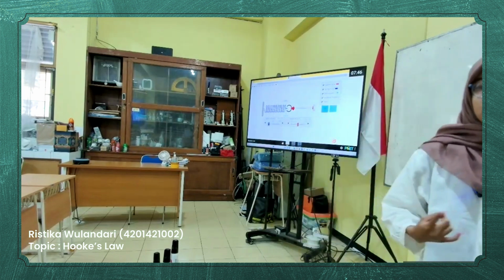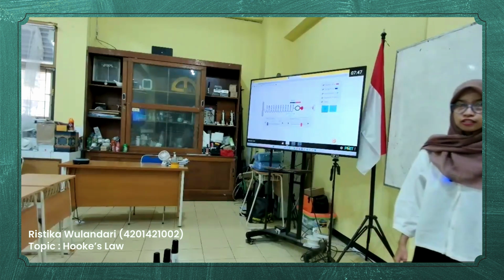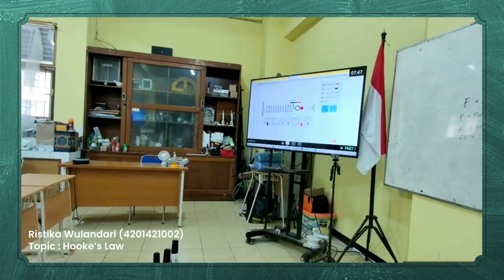In the first experiment, we use a spring constant of 100 N per m and an applied force of 50 Newton. So the displacement is 0.5 meters.